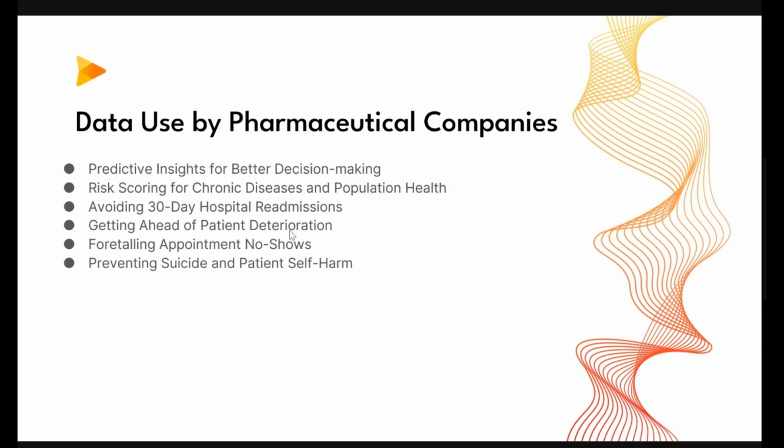Then also getting ahead of patient deterioration, so even if something goes wrong, they should be able to help you, right? Things should not slip out of hand. It might happen with COVID, but if COVID strikes back, these pharmaceutical companies should have firm ground to battle it out. Foretelling appointment no-shows and preventing suicide and patient self-harm, all that is part of it.